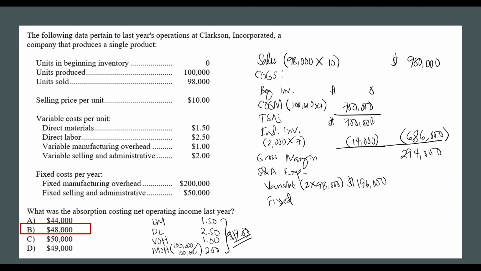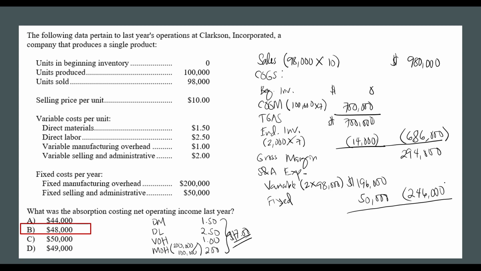How about for the fixed? It's already given in this case. So it's 50,000. So when we add the two, we will now get your total selling and administrative expense of 246,000.